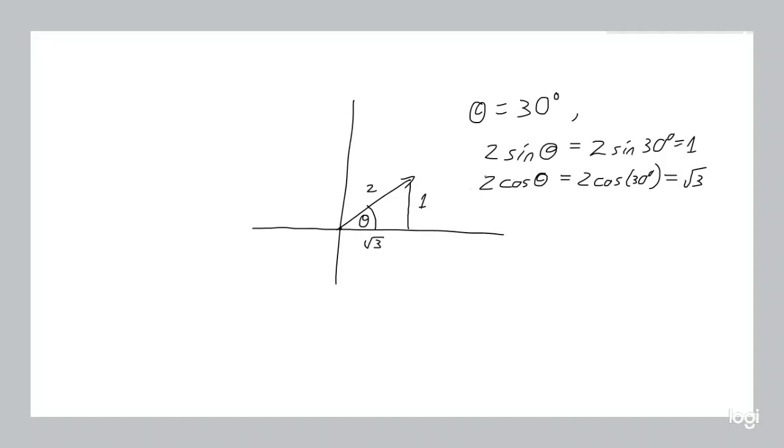Okay, so you could represent this vector by stating the magnitude and direction, right? Magnitude of 2, 30 degrees from the horizontal, but you could also state it in component form. If you imagine this as being a Cartesian coordinate system with x and y axes, then this point here that the vector points to, if you were to draw that vector from the origin to that point, would have coordinates root 3 and 1.